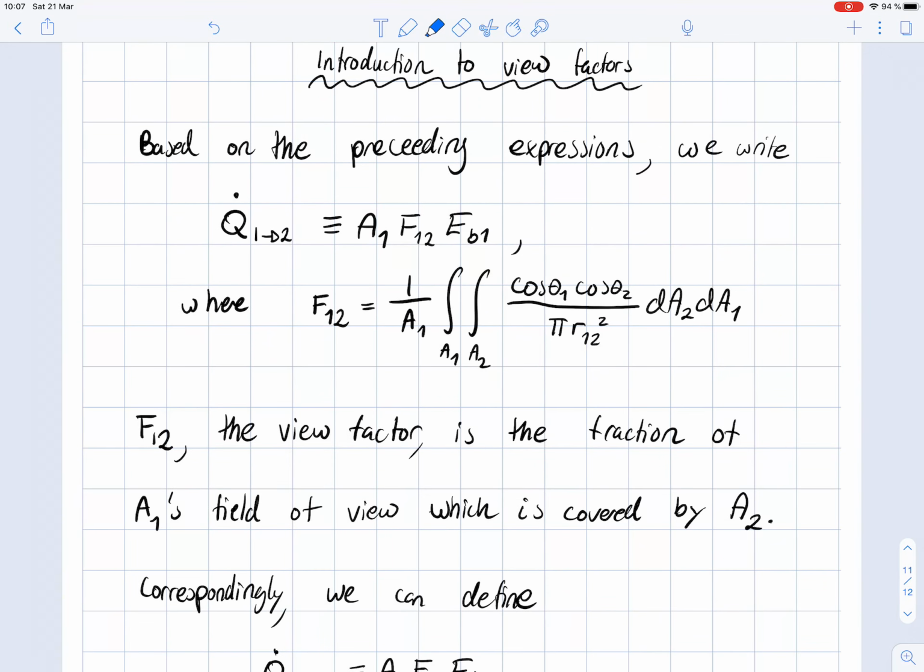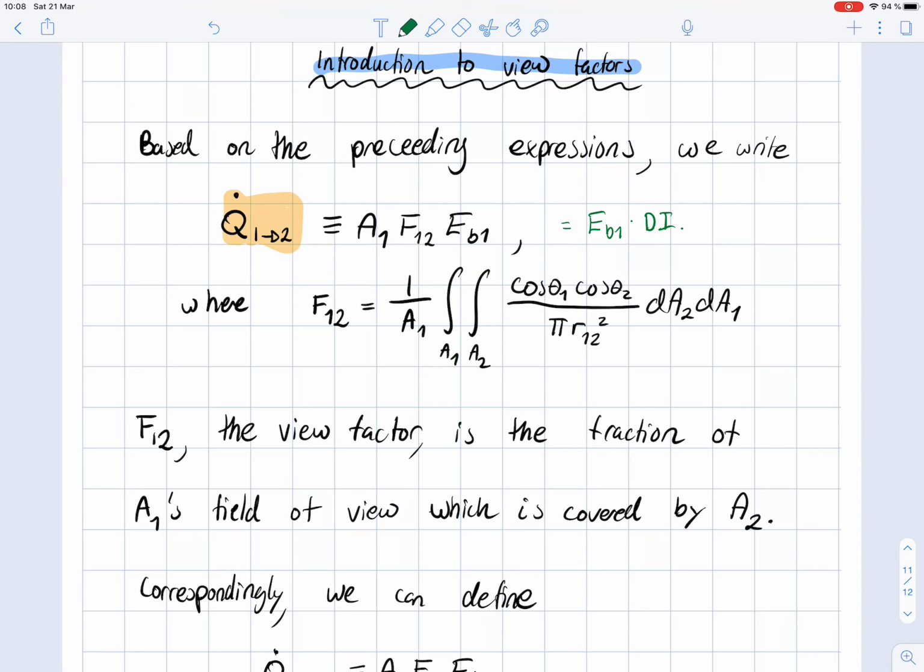So based on these expressions, we will introduce a few definitions, or one single definition, and this is then our introduction to the view factors. So based on the expressions that we have just derived, we write the heat transfer rate from 1 to 2. Originally that was EB1 times the double integral.